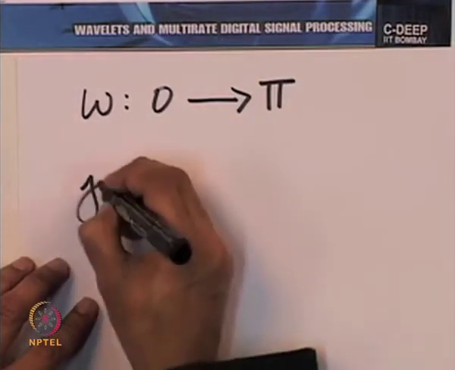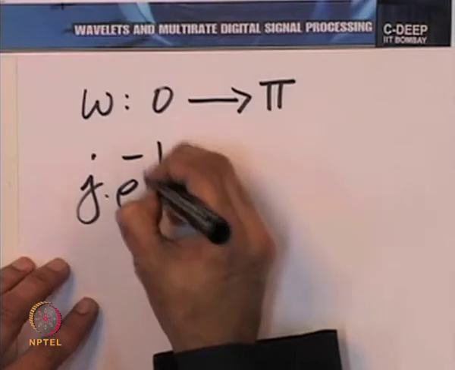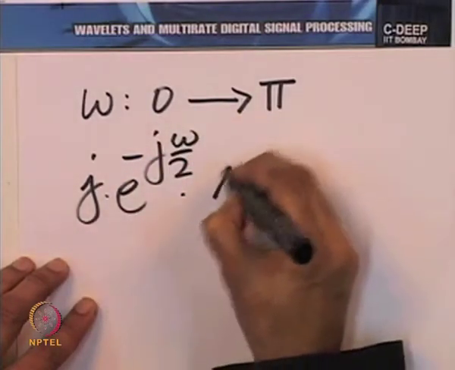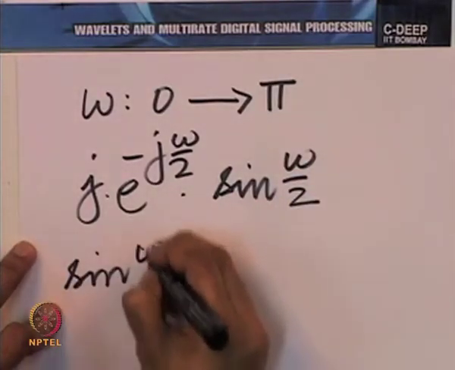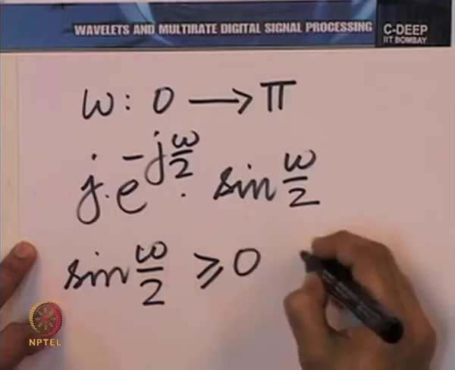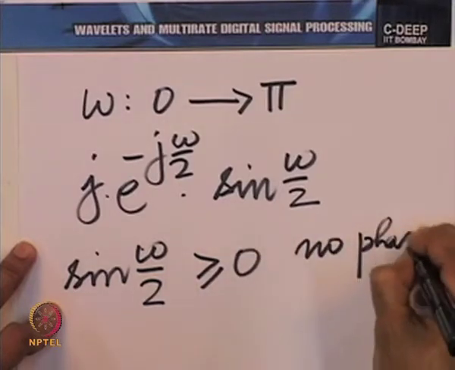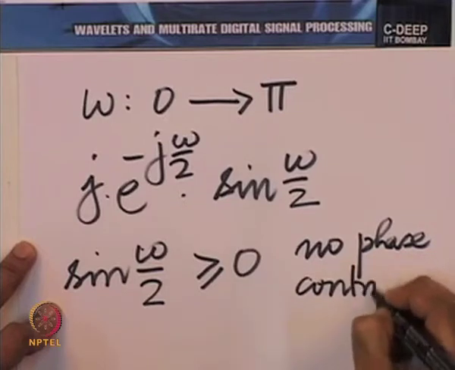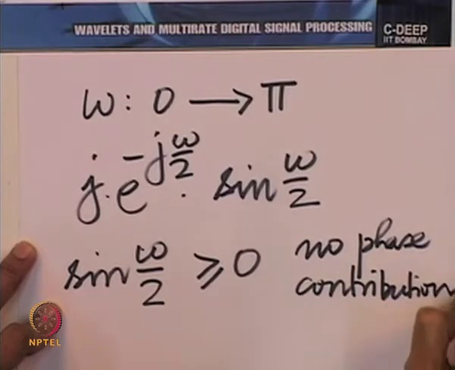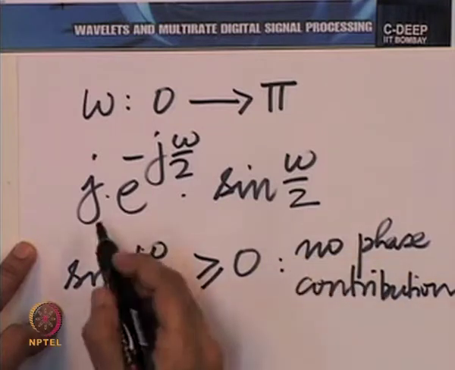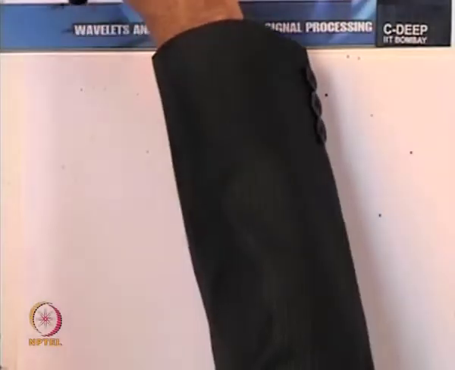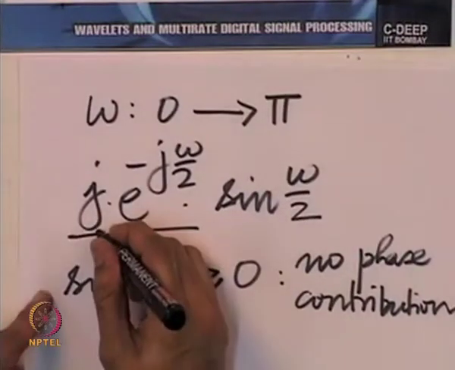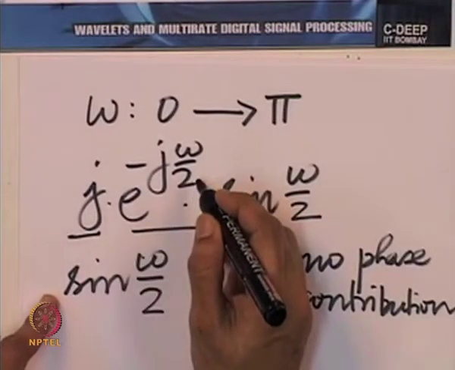and let us look at the frequency response expression j e raised to the power minus j omega by 2 times sin omega by 2. Sin omega by 2 is non-negative, so no phase contribution here. However, both of this term and this term have a phase contribution. In fact, the phase contribution is 90 degrees or pi by 2 from here and minus omega by 2 from here.